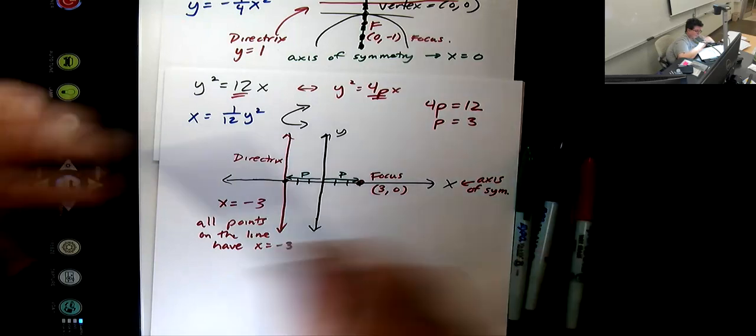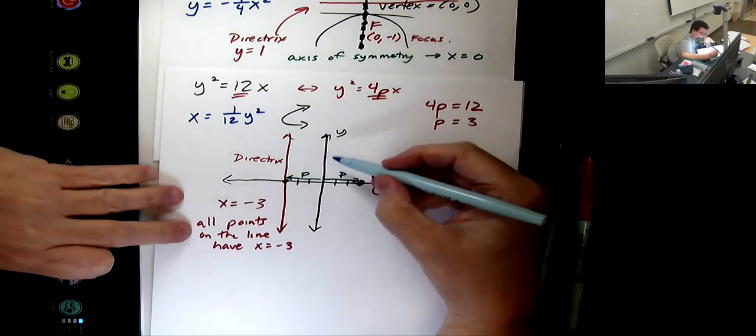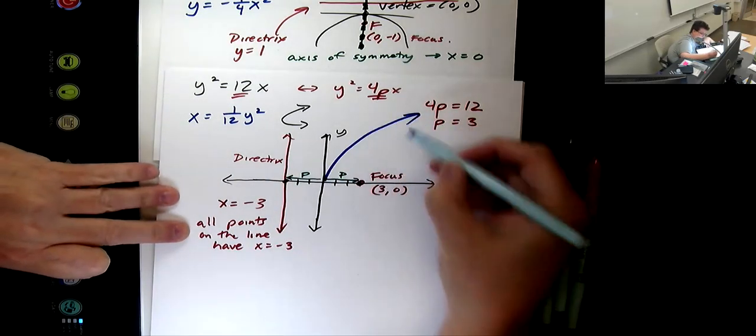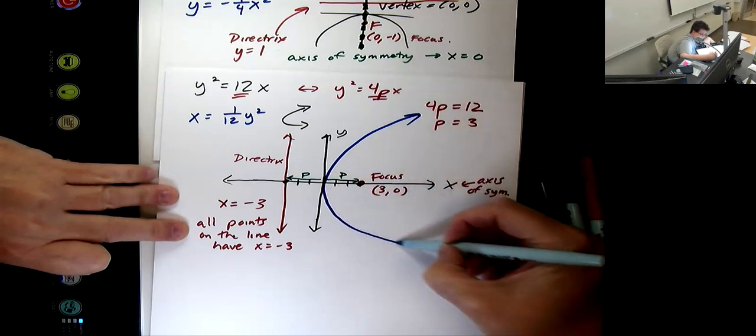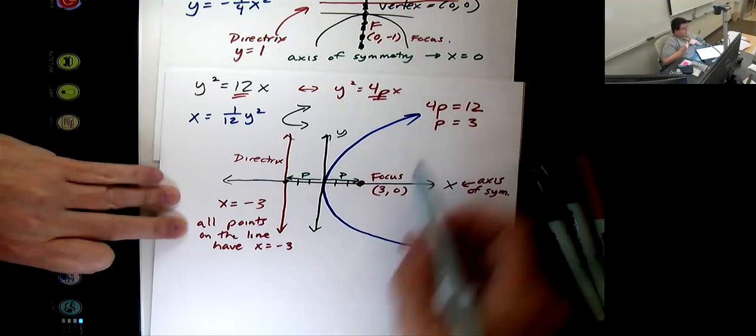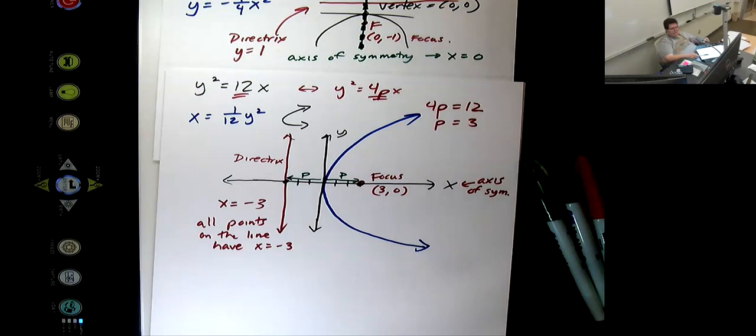And I guess we could find some values, but I know it opens to the right. I'm guessing that 1/12 makes it wide, but probably not wide enough. If we had something to graph with, we'd do it well.